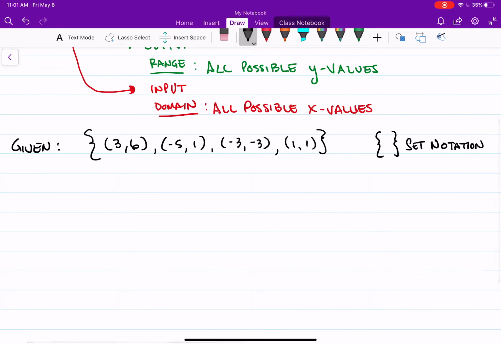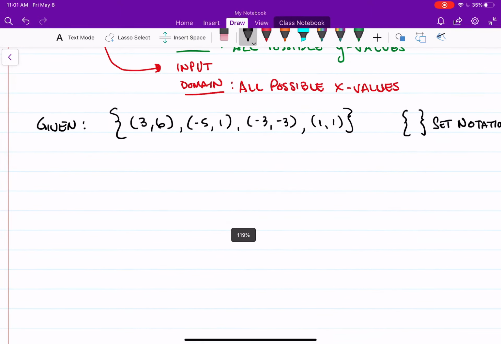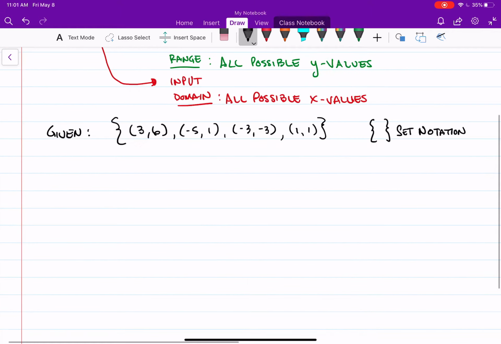So if you see squiggly brackets, that means it's going to give you a set of numbers or a set of points. Okay, in other words, many points or many numbers.